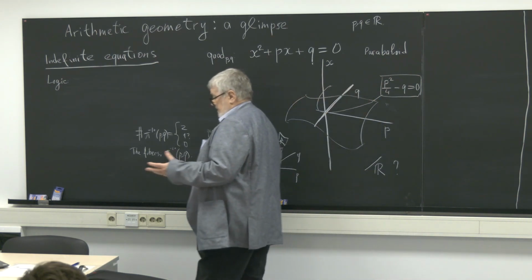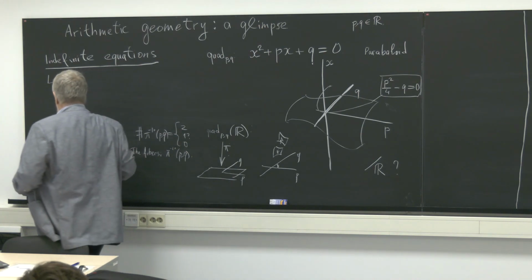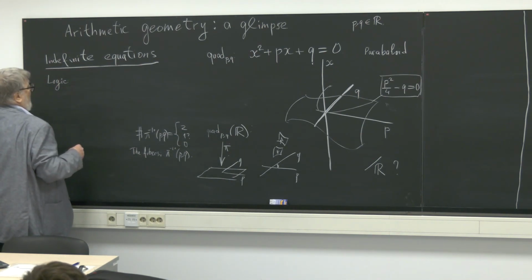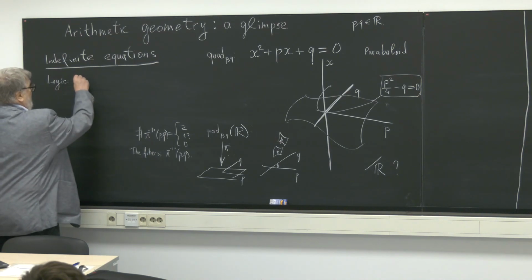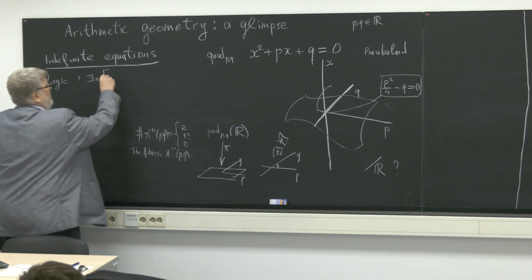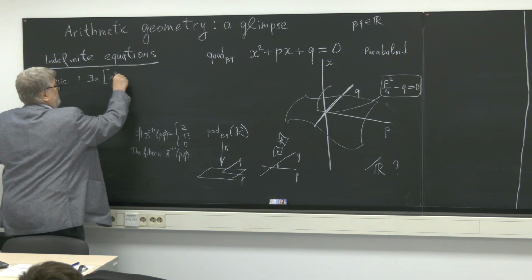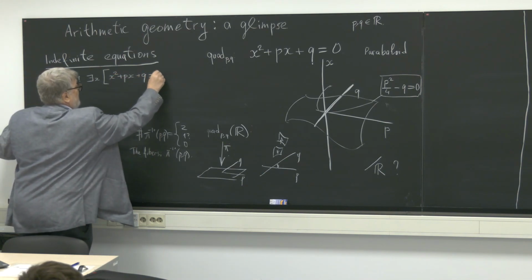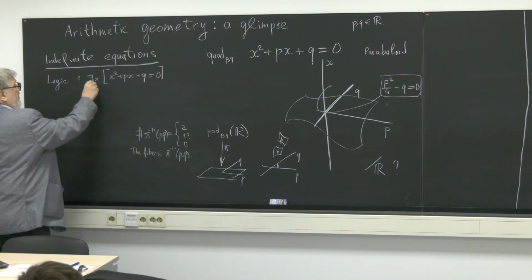But the rigorous explanation is given just in terms of logic, maybe. The question is whether there exists such an unknown where x squared plus x plus q is 0.